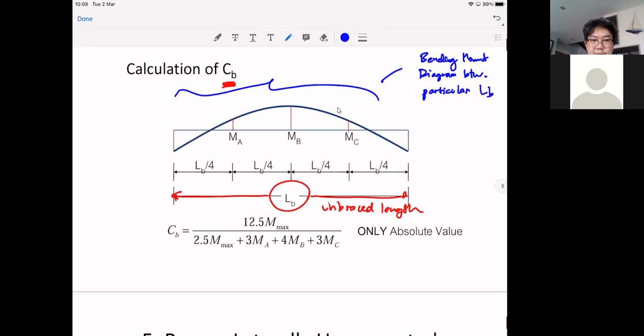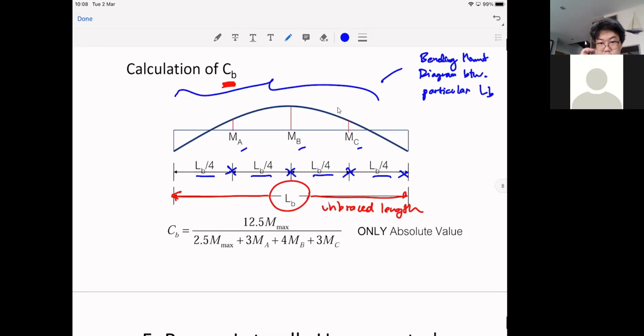Okay, be careful. And when you start considering the bending moment diagram under one unbraced length, what we do is we divide this into 4 equal lengths. Okay, that's LB over 4, LB over 4, LB over 4, and LB over 4. And you can call that a quarter point. It's point A, point B, and point C.